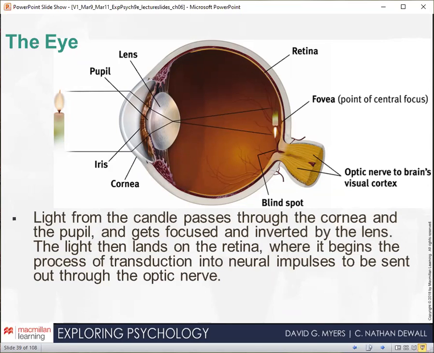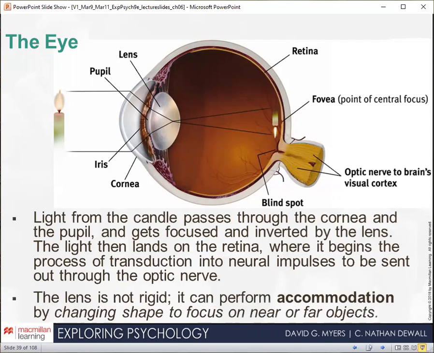So what we have here is the light going through the cornea, pupil, hitting the lens, reflected back to the back of the eye where we have the retina. The retina is where we have the specialized sensory receptor cells that will allow us to transduce the light into something that we can use.